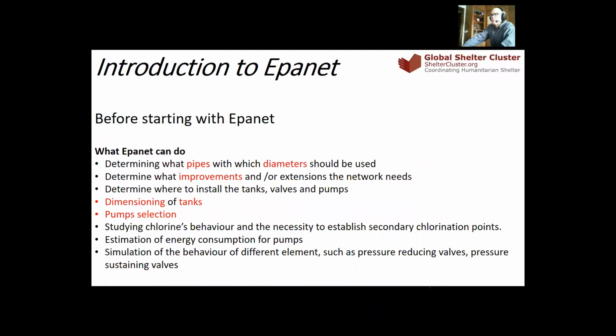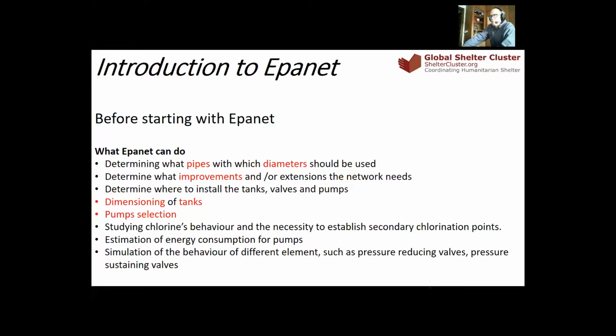So what are the limitations of Epanet? Like I've told you, Epanet will tell you if our chosen pipe is good or not, if the chosen diameter is good or not for the planned network. Epanet will help you to extend the network and see if the extension can be supported by the existing network.